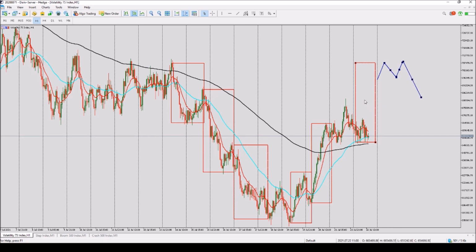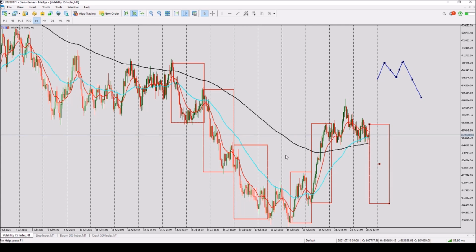Then if the market doesn't go up and actually starts to go down, which is highly likely, I would wait for 3 levels of this manner and trade a buy after the peak formation has been issued.